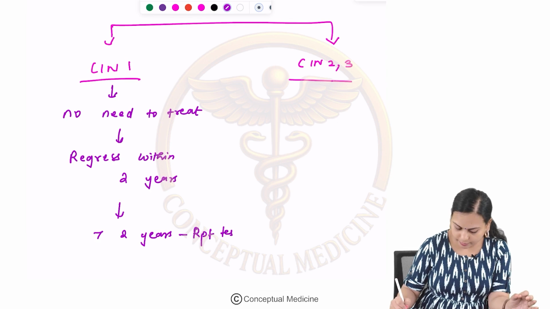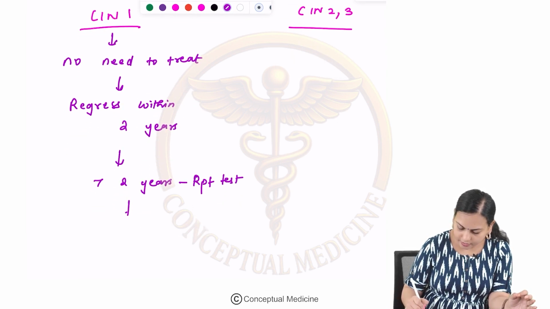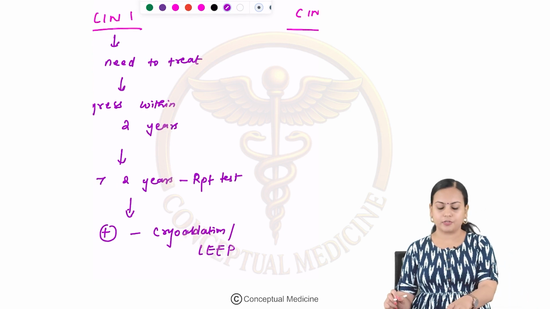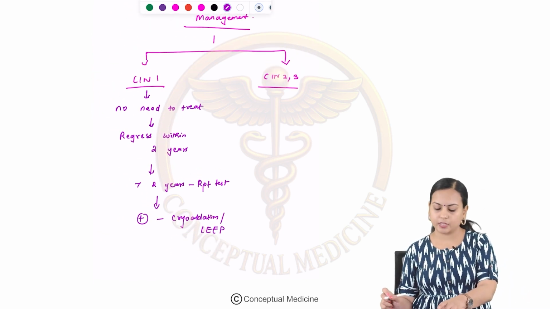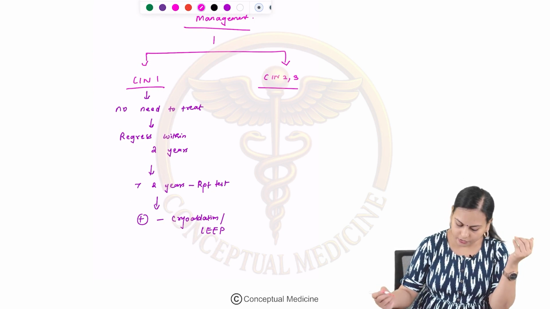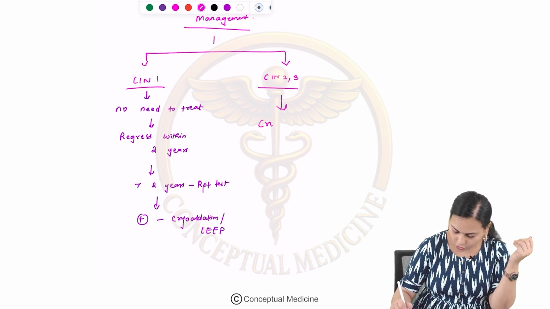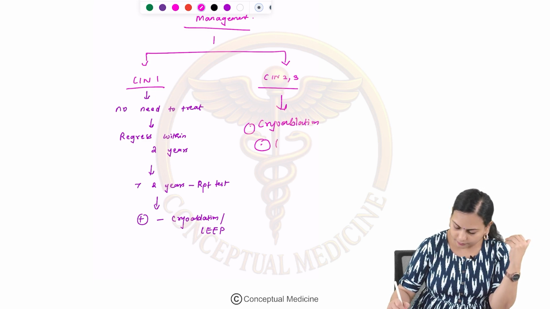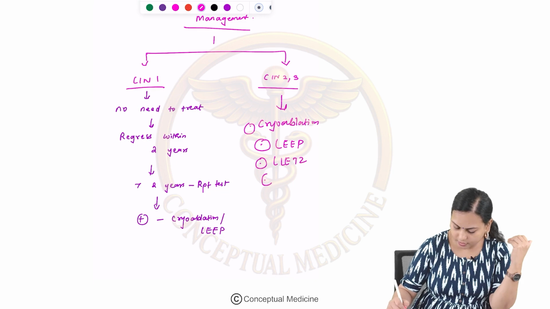You have to repeat the test, and if it is still positive, then you can go for cryoablation or LEEP, which are OPD procedures and minimally invasive. In case of CIN2 or 3, you will directly offer them cryoablation, or you can offer them excisional procedures like LEEP or LETS or even conization.